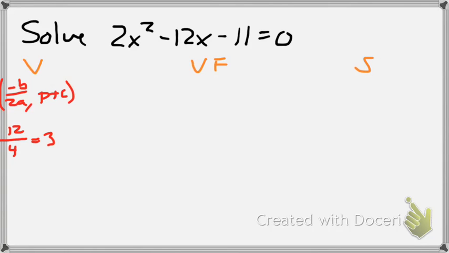Now my job is to plug 3 into the equation and see what I get. And I get negative 29. So my vertex for this one is (3, -29).